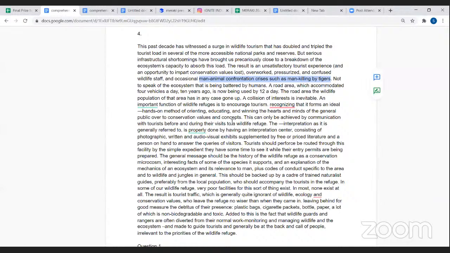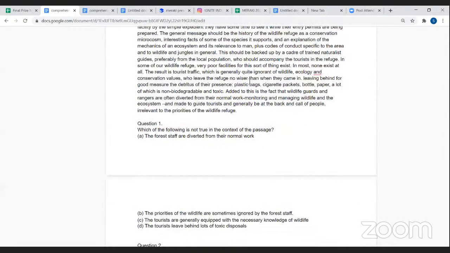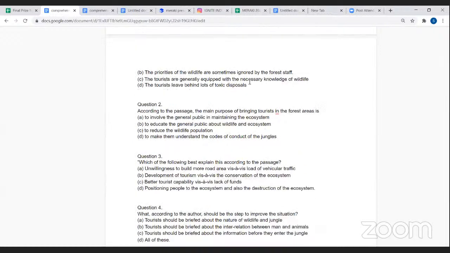But we have to refer to other instances as well. The reason that man killing by tigers is happening is not just because of this, it's also because of the unawareness of the tourists.